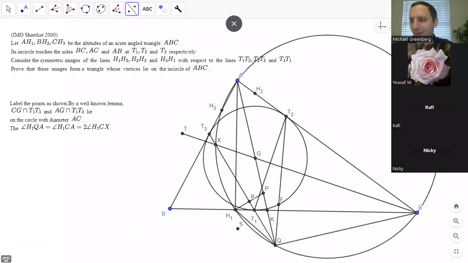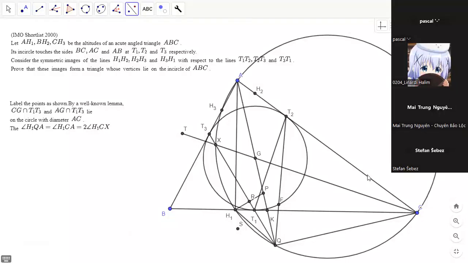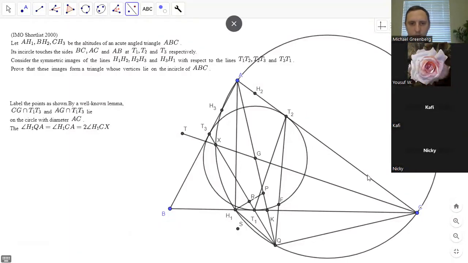I know we had it. I just forgot how we got here. No, so we proved that P lies on the angle bisector, and what we forgot to prove is we want P also to lie on F and reflect on the other one.